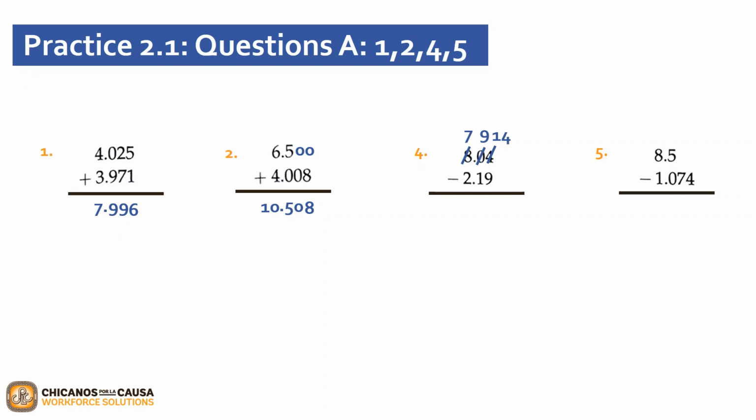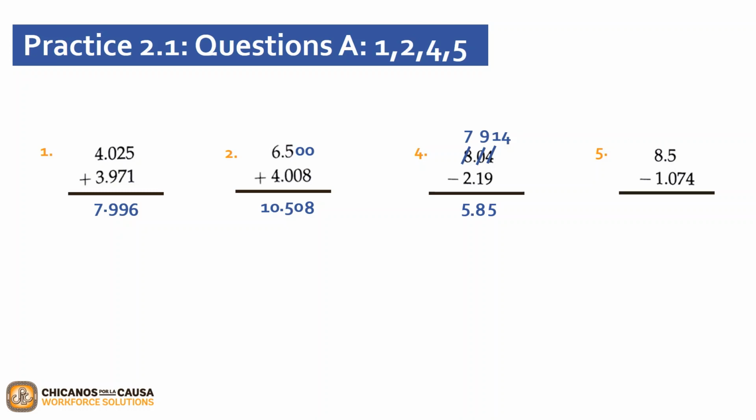So what we actually have now is going to cause us to do 14 minus 9, which in this case is 5, or all cases, I guess. Then we have 9 minus 1, 8, and finally 7 minus 2, which is 5, giving us a final answer of 5.85.